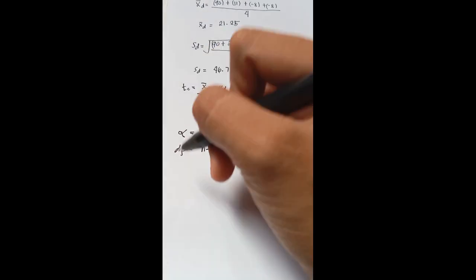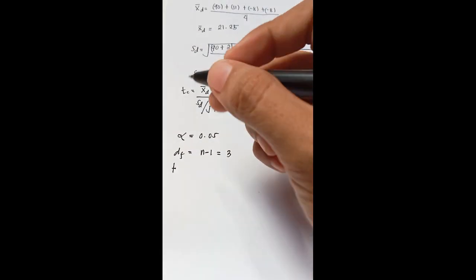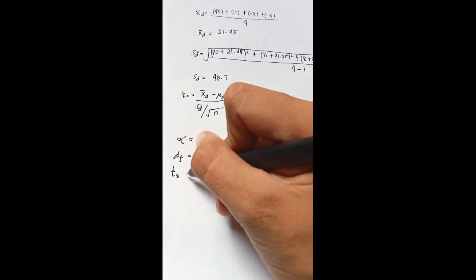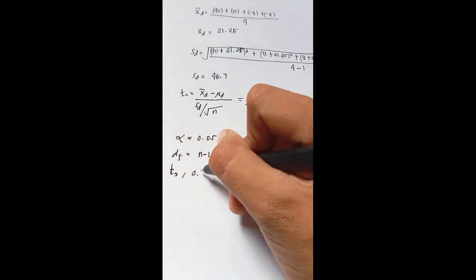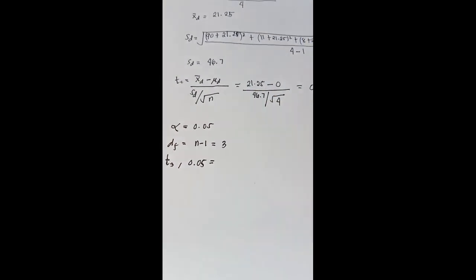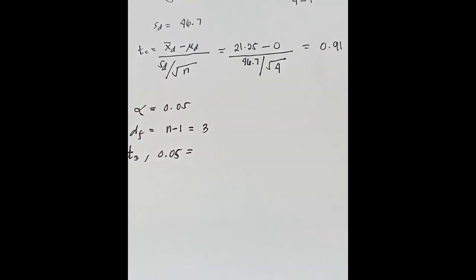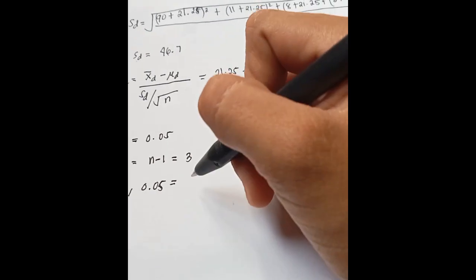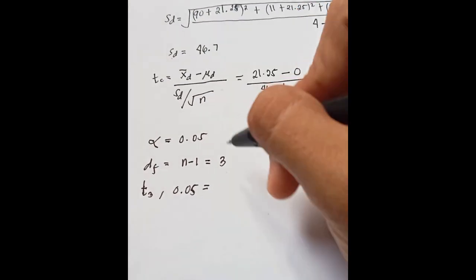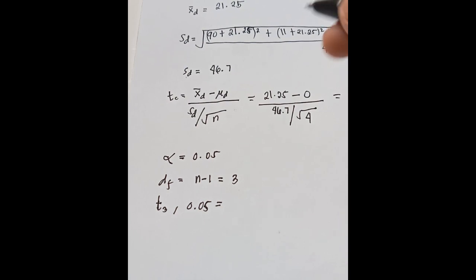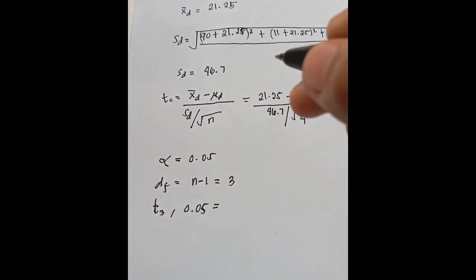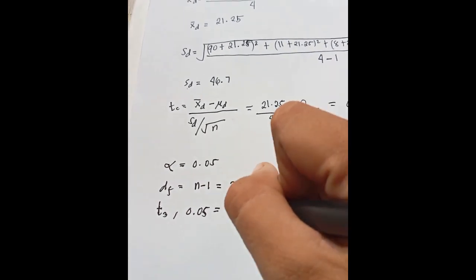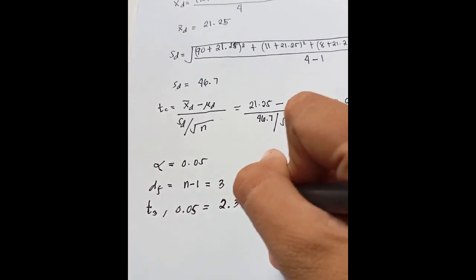So our t value will have 3 degrees of freedom with an alpha value of 0.05. Looking at the table for the answer, the critical value is 2.353.